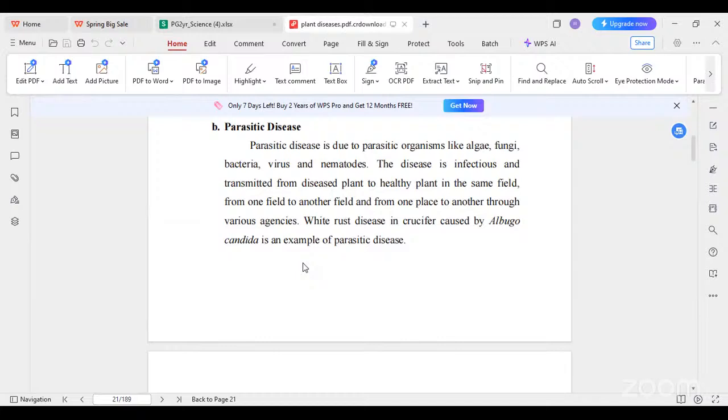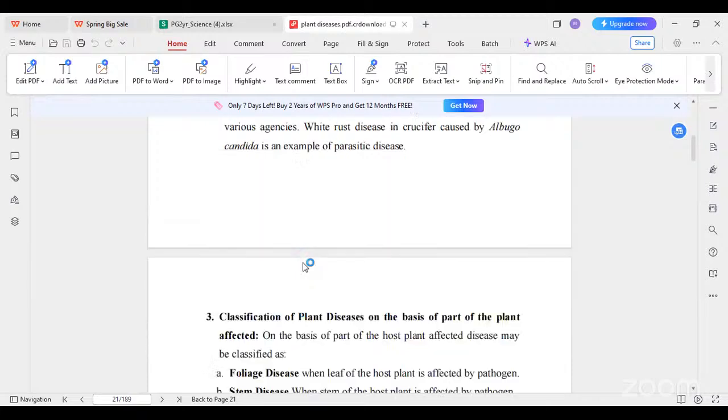The disease is infectious and transmitted from diseased plant to healthy plant in the same field, from one field to another field, and from one place to another through various agencies. White rust disease in crucifers caused by Albugo candida is an example of parasitic disease.